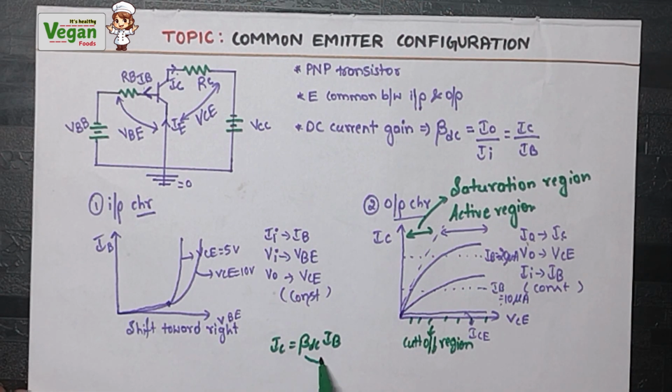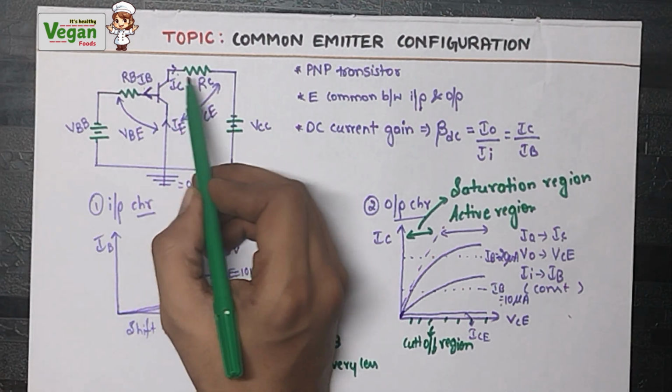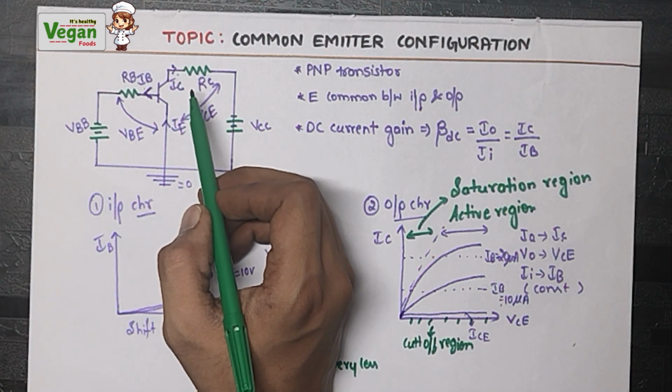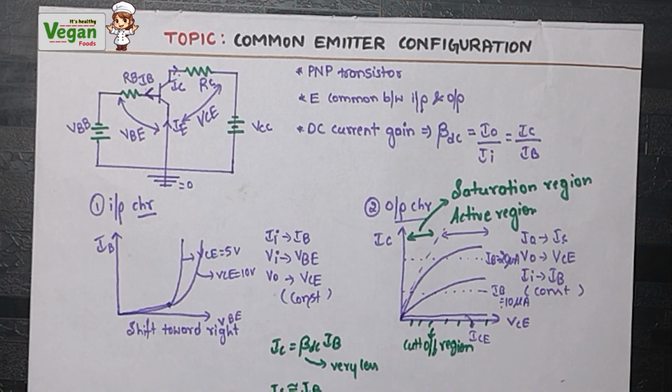The value of beta DC, that is the current gain, will be very small. Therefore the IC value will be almost equal to the IB value, that is, the current at the collector side and the current at the base side will be almost equal.